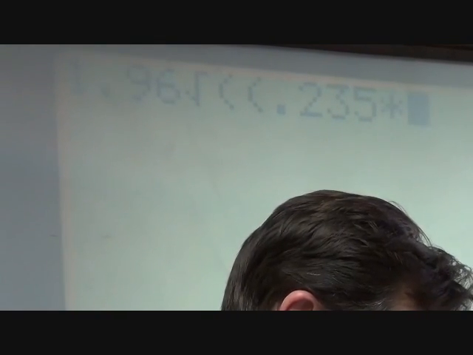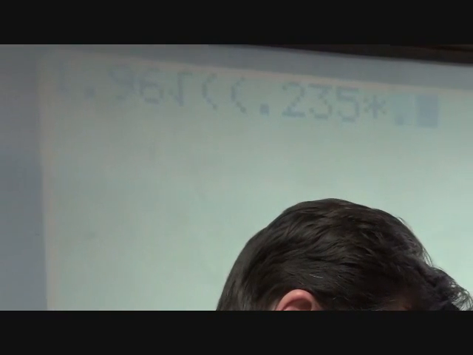Let me give it a try. 1.96 times the square root, one more parenthesis. Don't be doubting me. Times 0.765 divided by 200, and I end that parenthesis.